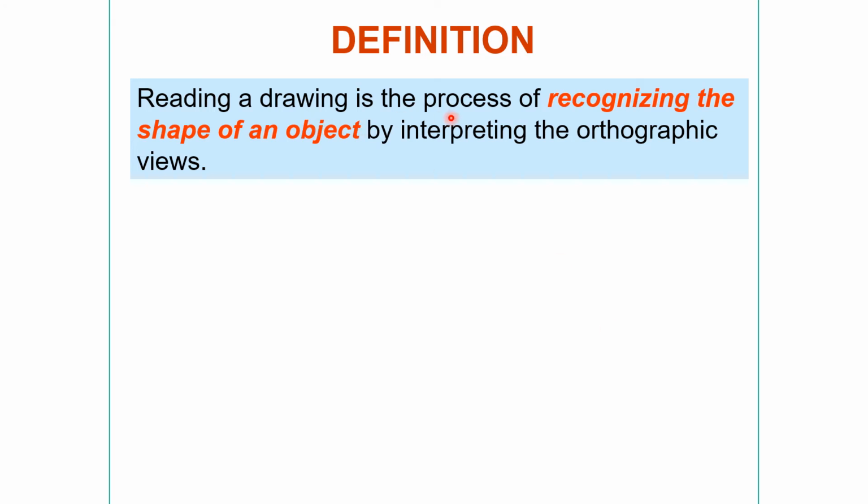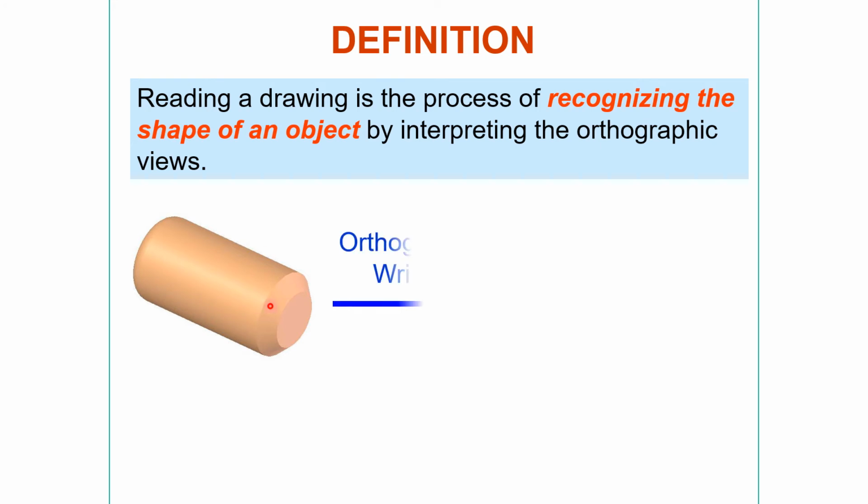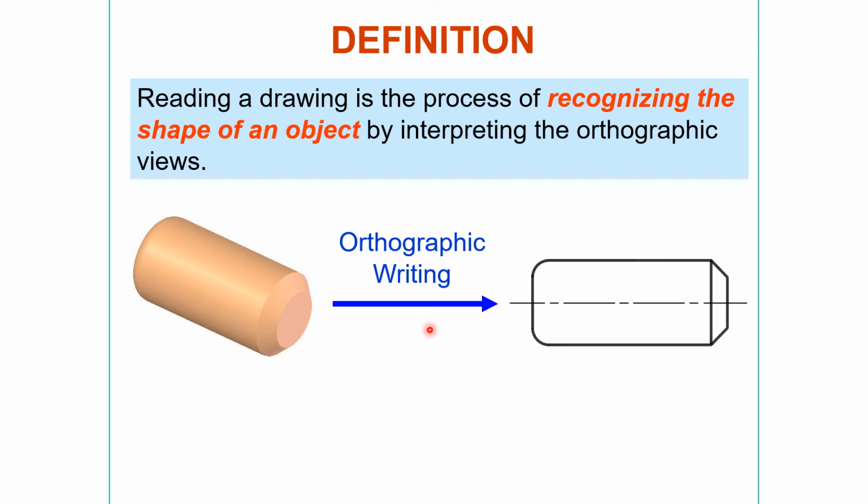Reading a drawing is the process of recognizing the shape of an object by interpreting the orthographic views. I will come back to this definition. First of all, see a demonstration. Here is a 3D object. When we draw the orthographic writing, we draw the parallel views, like multi-views here.